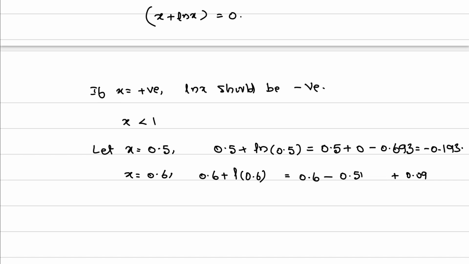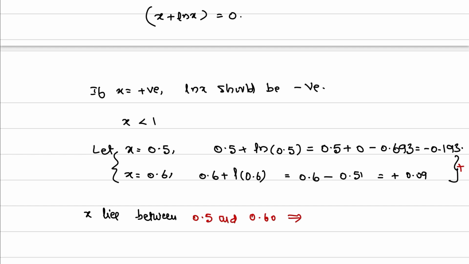Let us not worry much, we are only approximately finding. That means x value lies between, because the value x plus ln x is changing the sign here. Hence, x lies between 0.5 and 0.6.